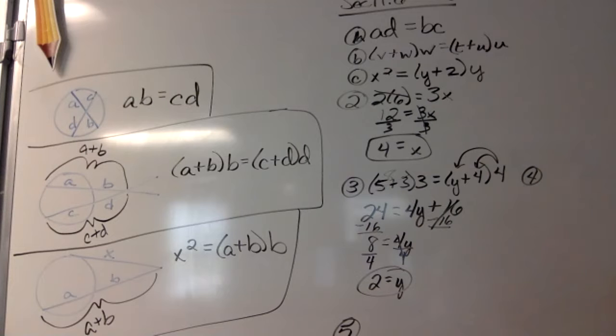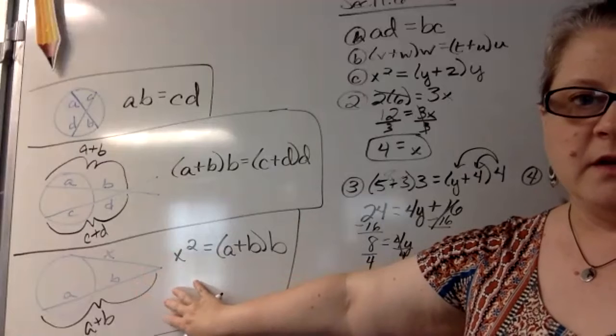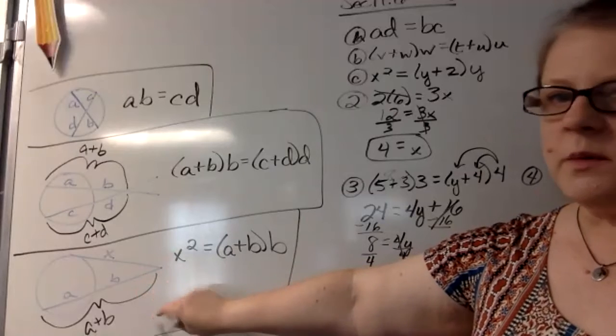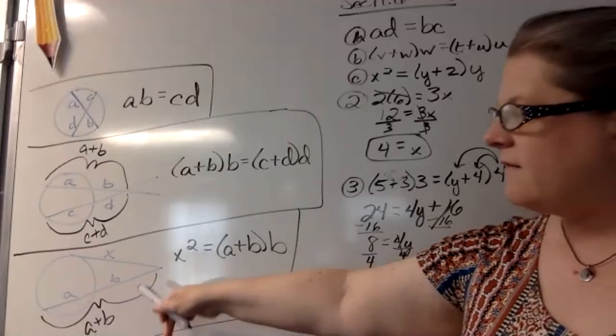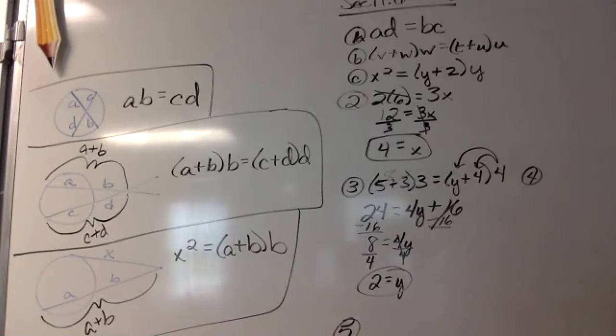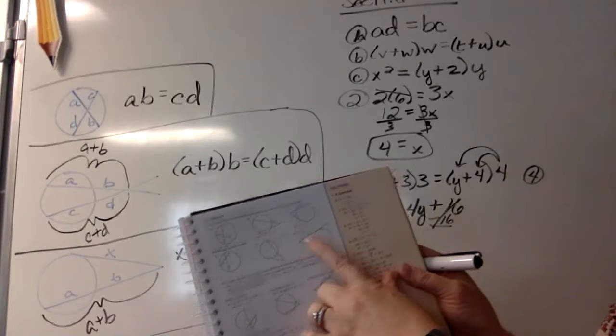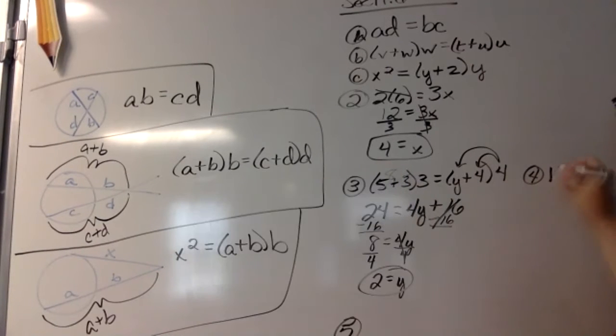Now for number 4, the picture is like this one. We have a tangent and we have a secant. So I always do my tangent part first. My tangent part is the 12 up here on the top. So I have 12 squared.